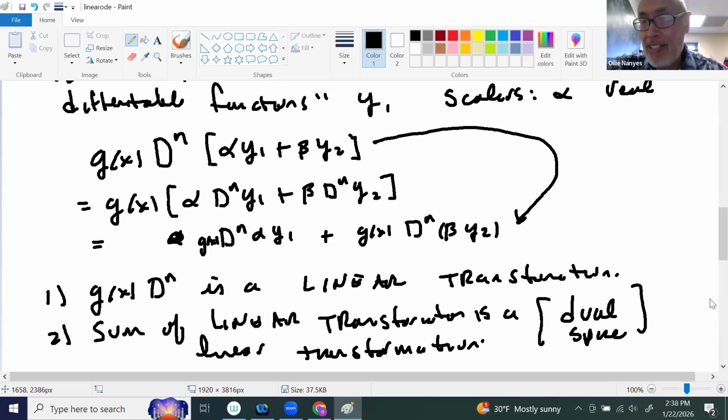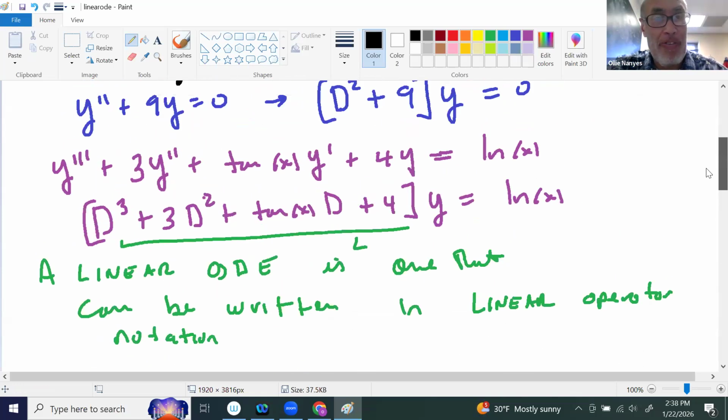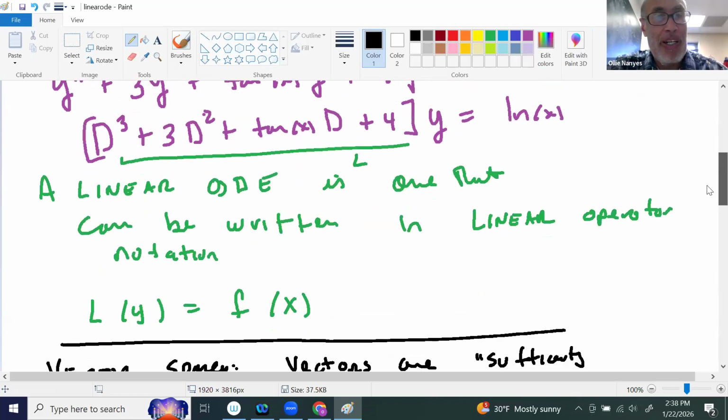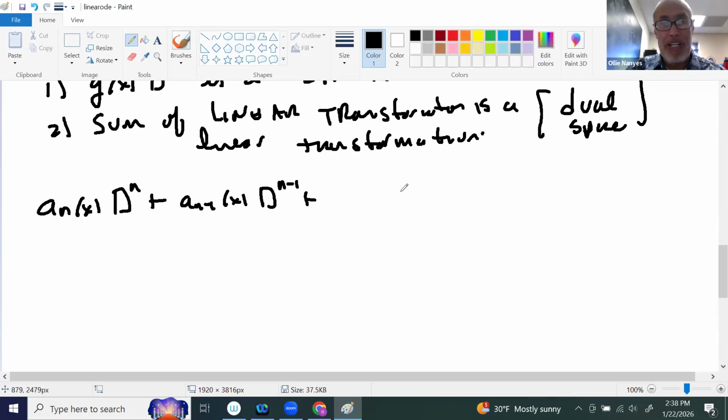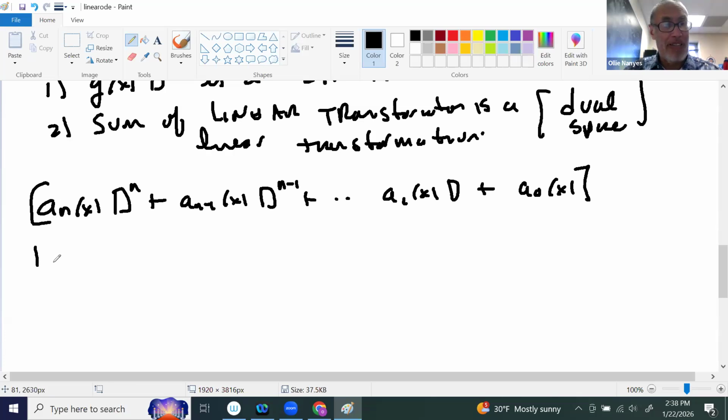So the bottom line is that if you have one of these operators, let's just write a generic operator: a_n(x) times the nth derivative, plus a_{n-1}(x) times the (n-1)th derivative, all the way down to a_1(x) D plus a_0(x). As an operator, this is a linear transformation.